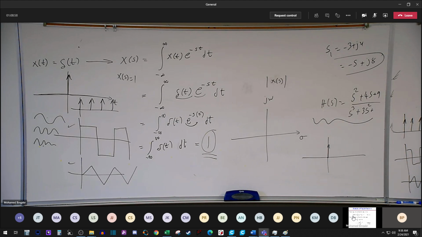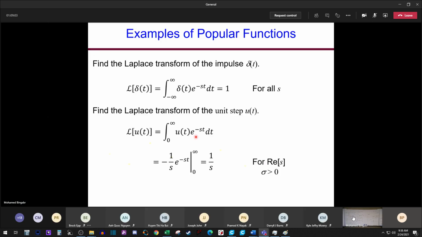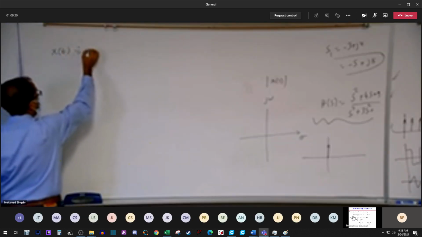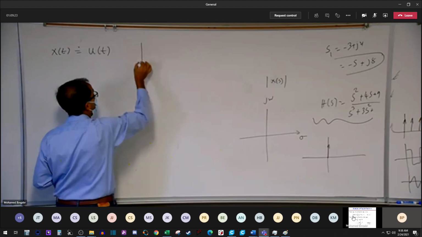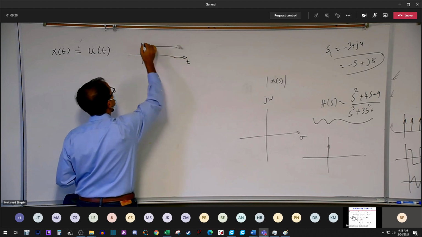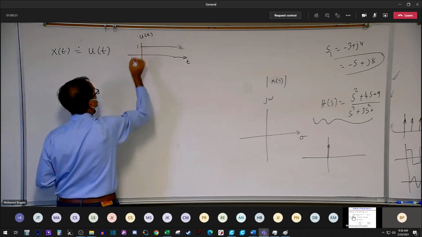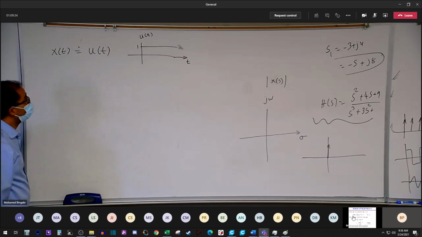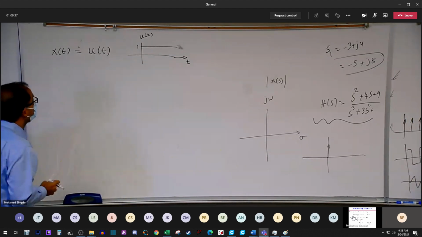Okay, let's do then the unit step function. Let's do this example. So again here, we have x of t as a simple unit step function, u of t. If you plot it, it looks something like this. And we need to know the frequency content of this one.